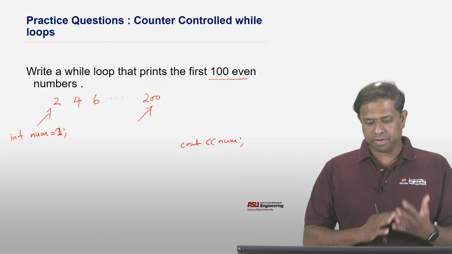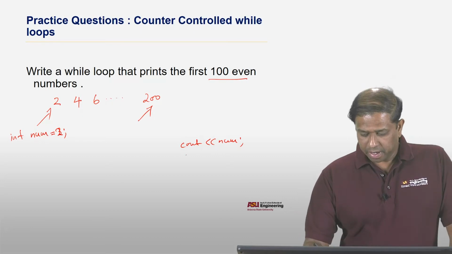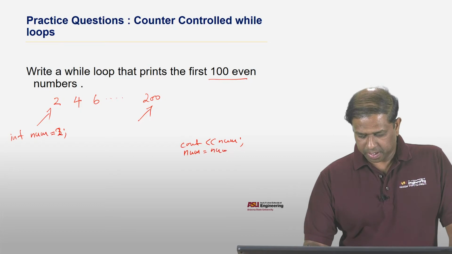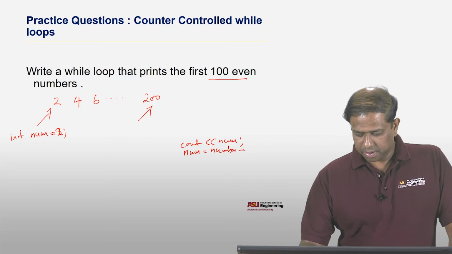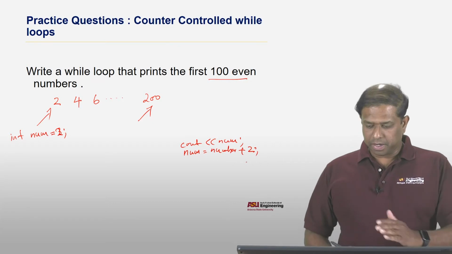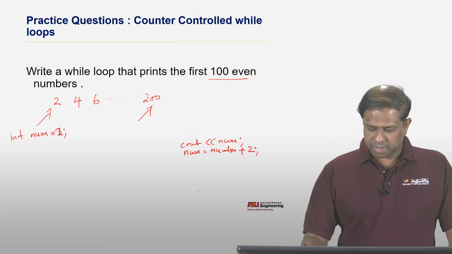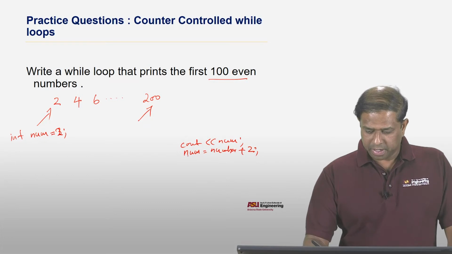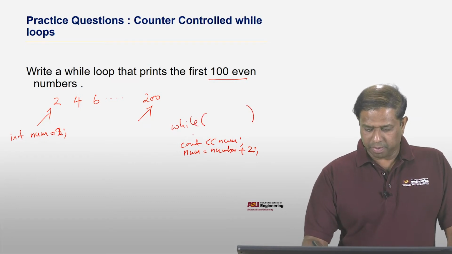So after 2 we need to get to 4. That means we have to say number equals number plus 2. So that's going to increment it by 2, right? So these are the two statements that need to be repeated, so therefore we need to put this inside a while loop, right?